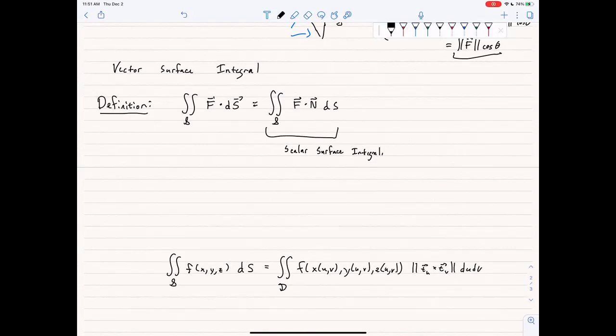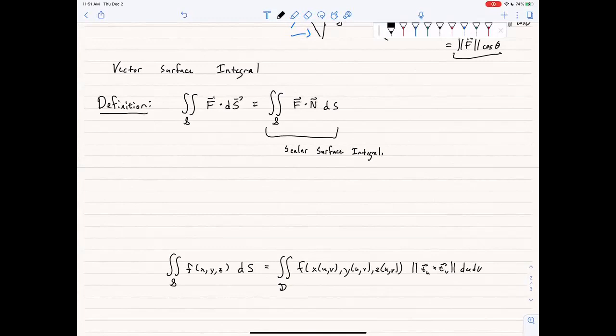That was how we actually got to computing things. Now, just like with curves, when you parametrize, you can parametrize in a way that's compatible with the orientation, or that is anti-compatible, that kind of reverses the orientation.